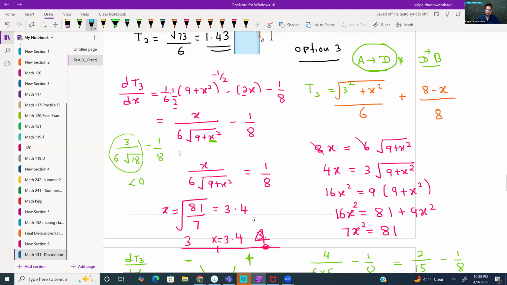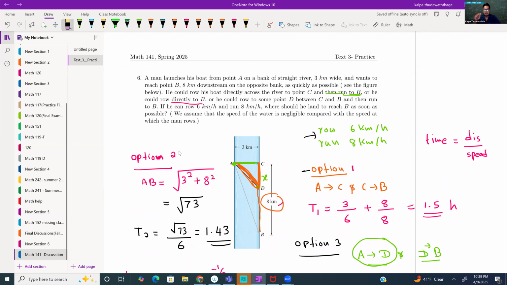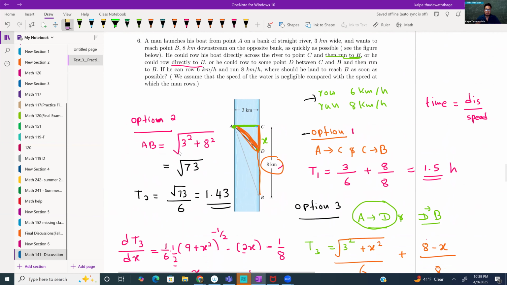So how do you find that time? I think they asked where he should land to reach B as soon as possible. T will be minimum when x equals 3.4.